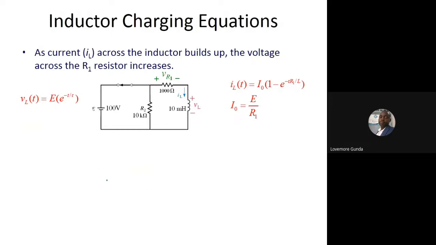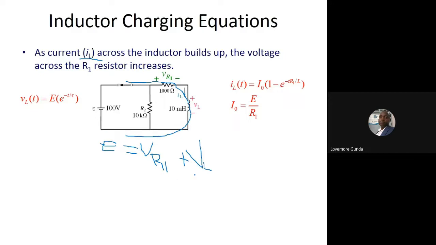So what are the charging equations? As current IL increases, the current built up across the inductor, the voltage across R1 increases. In other words, E should be equal to VR1 plus VL with this loop, right?